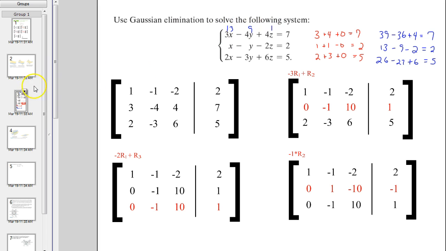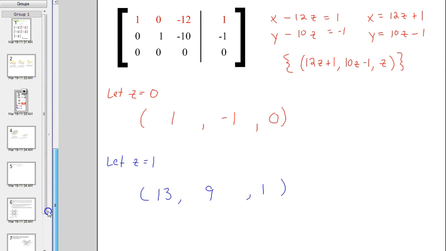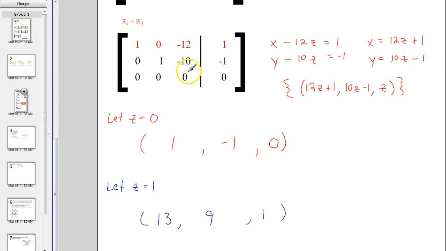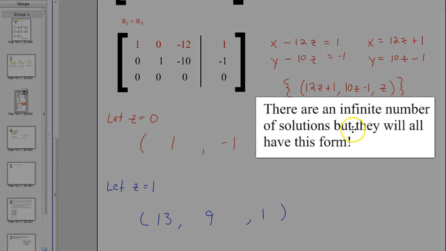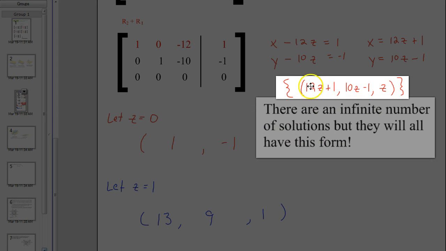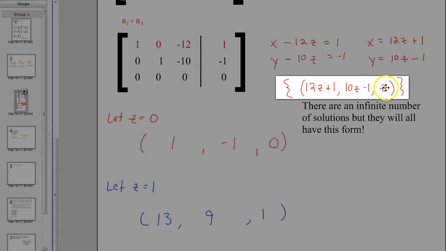So anyway, what the RREF form is telling us is a system of equations where we can isolate the x's and the y's, and we can get the form of the solutions. So there are an infinite number of solutions, but they're all going to have this form. They're going to be an ordered triple where the relationship between x, y, and z is this. We know we can get z from anything.